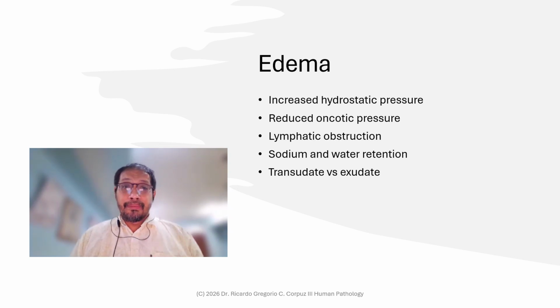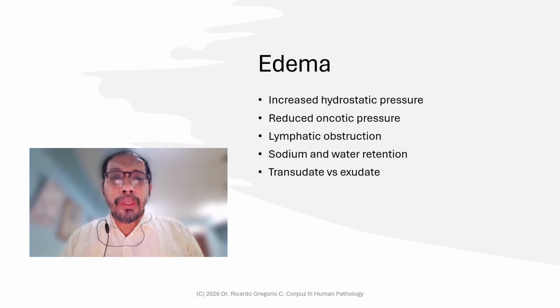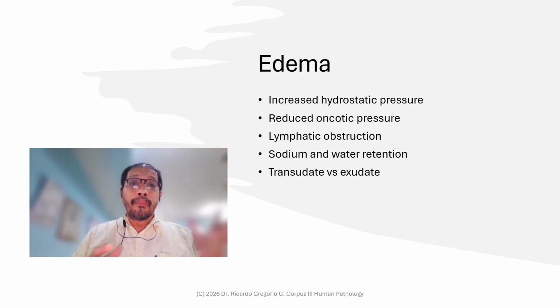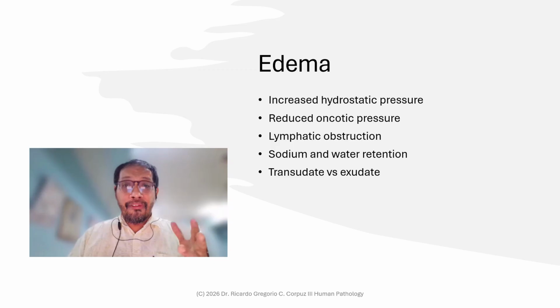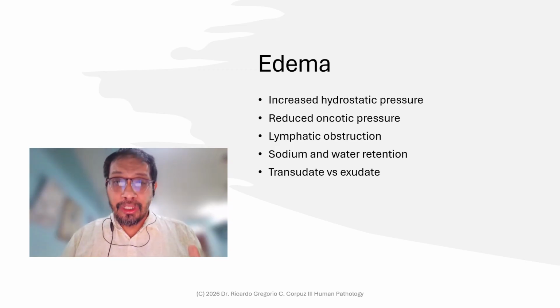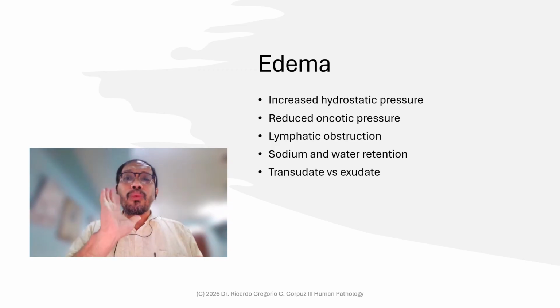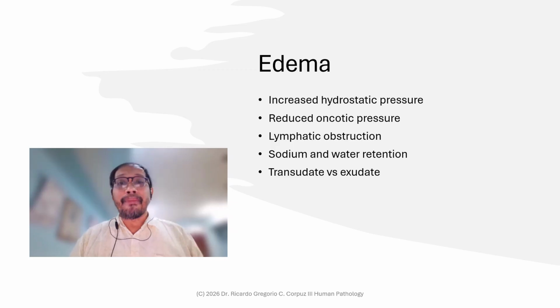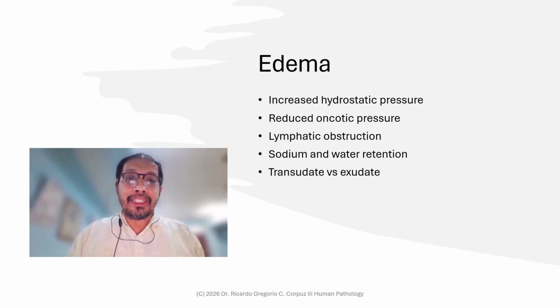So edema. The big question is how fluid normally stays balanced. Fluid movement across capillary is governed by two opposing forces. First is the hydrostatic pressure, which pushes the fluid out of the vessel. Then the oncotic or colloid osmotic pressure, generated mainly by plasma protein like albumin, which pulls fluid back into the vasculature.